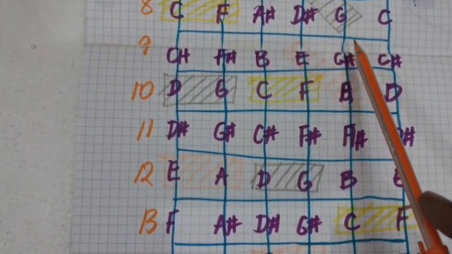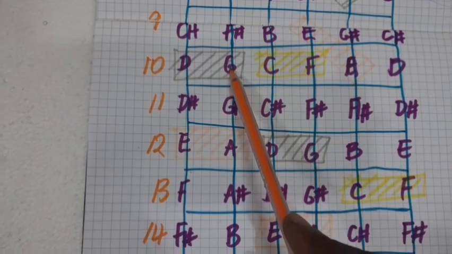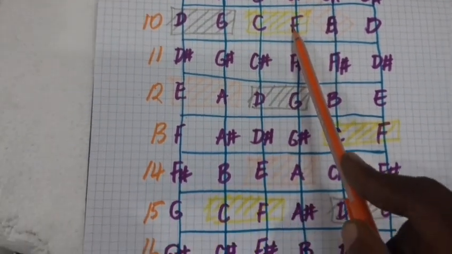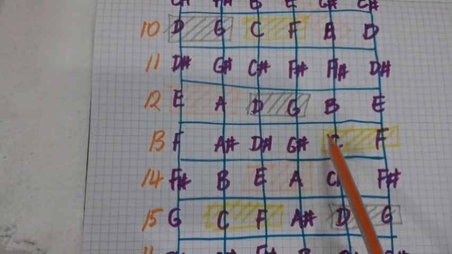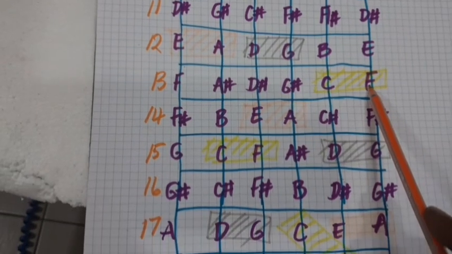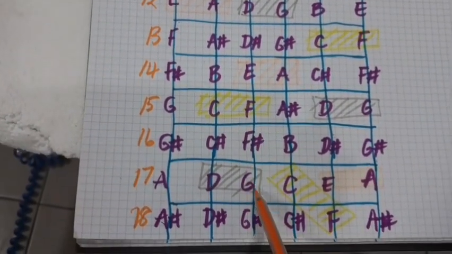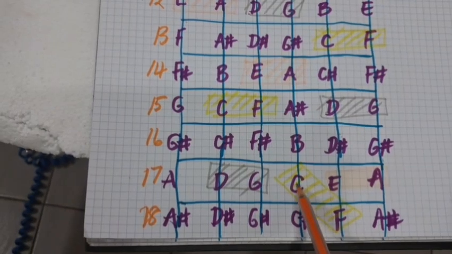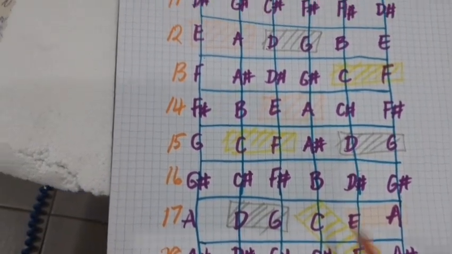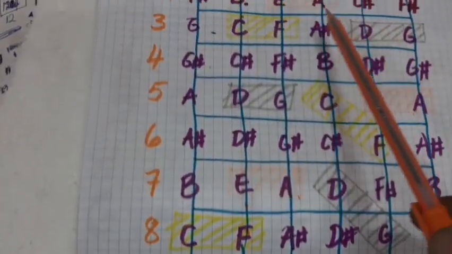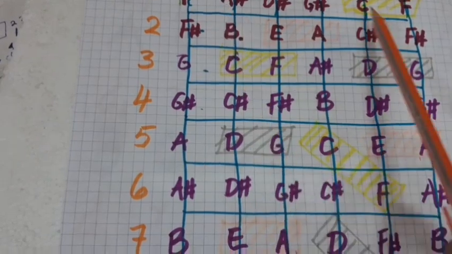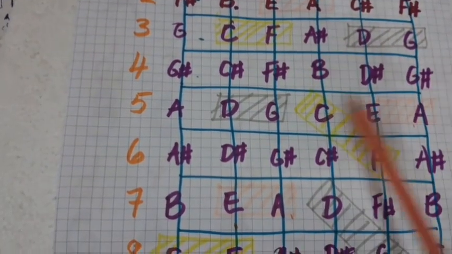G, C, F. So there are a lot of relationship. Which one do we pick?